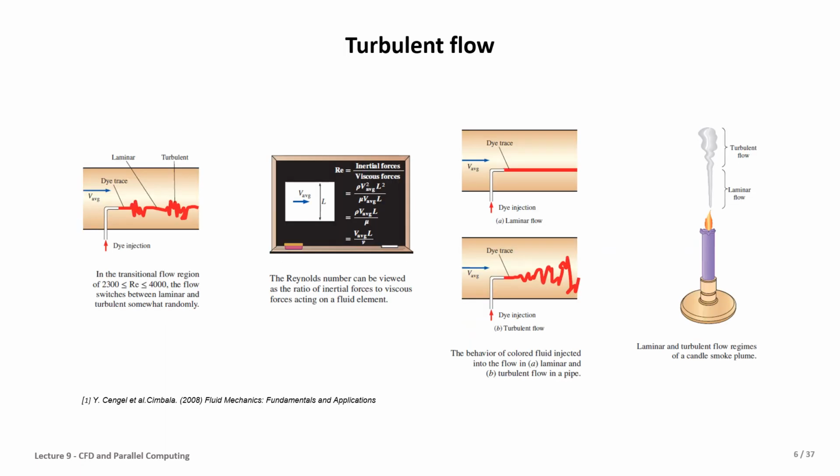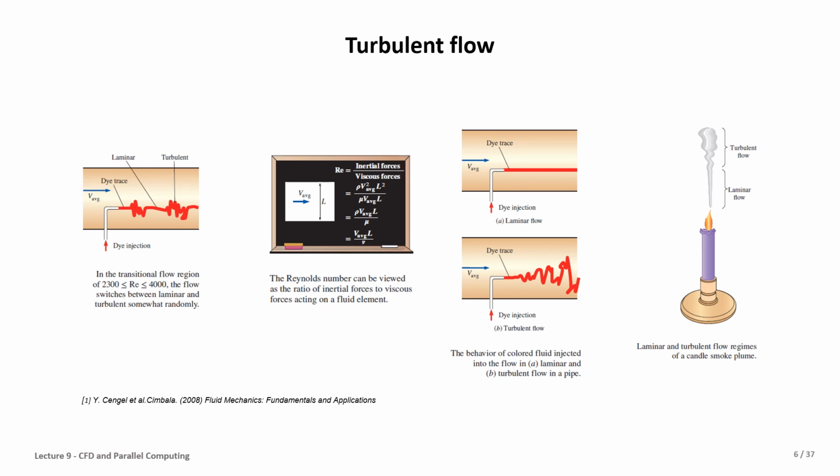From the previous lecture 8, we discussed the introduction to computational fluid dynamics, and we had examples of laminar and turbulent flow, and we pointed to turbulent flow, which is nonlinear, random, and a very complicated phenomenon.